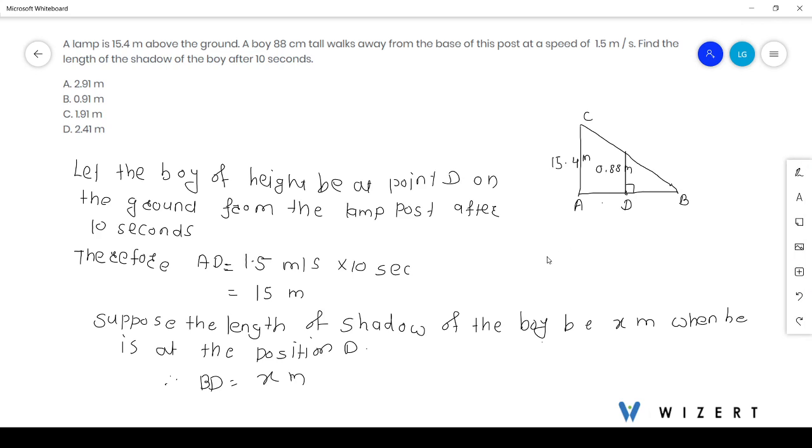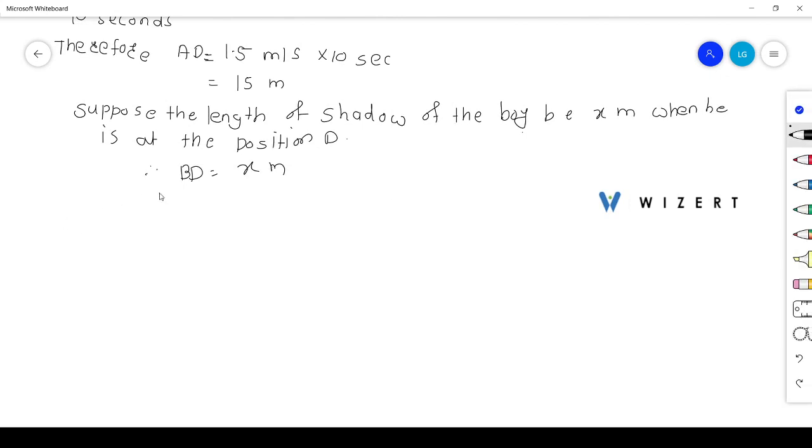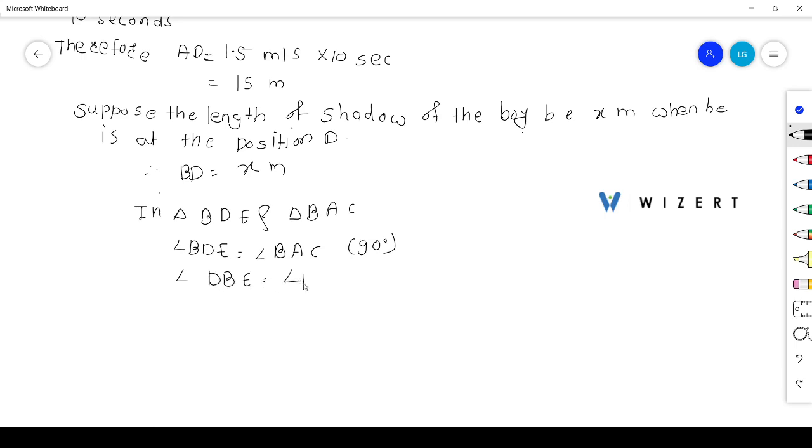Now in triangle BDE and triangle BAC, angle BDE equals to angle BAC, as both are 90 degree, and angle DBE equals to angle ABC, because this is common angle.